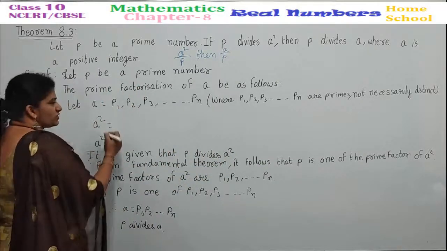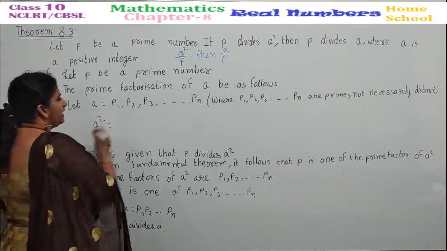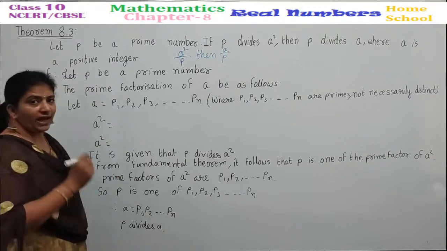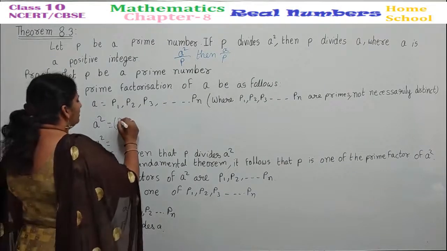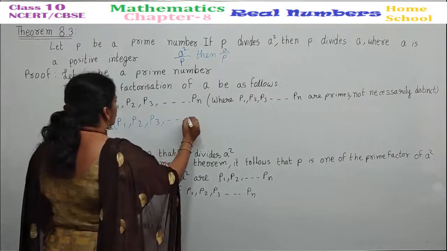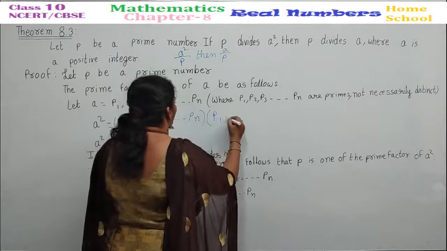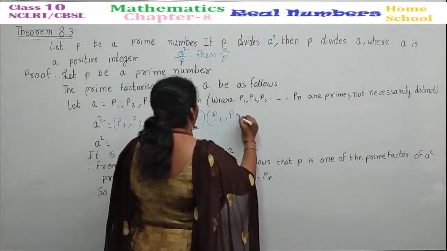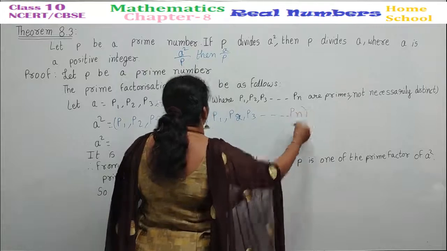Let us do squaring on both sides. A square, how can you write? A into A, can we write? Similarly, let me write here: P1, P2, P3, so on up to Pn into P1, P2, P3, so on up to Pn.